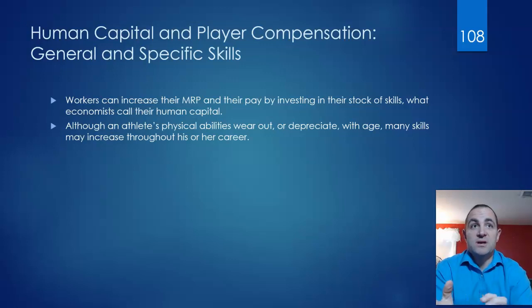An important difference between human and physical capital is that a firm can generally transfer physical capital, machines and whatnot, to another firm by selling an asset. Human capital, however, is embodied in the individual, who cannot sell his skills to another player. Anything that one player learns can't just be transferred to another to increase their skill.